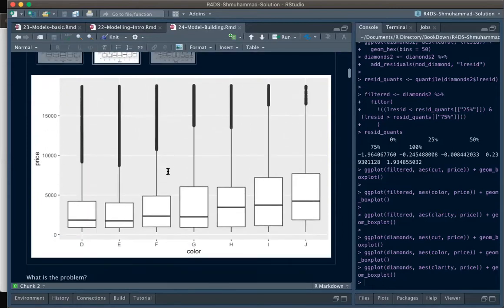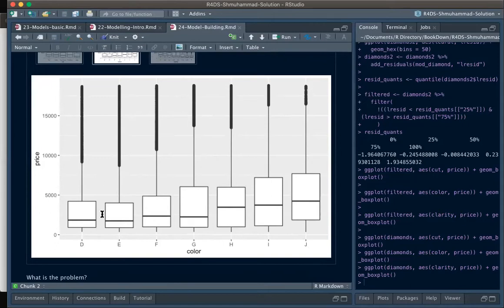We can also look at this one, the color. So the bad color is J, and the color is decreasing in quality. This is the best color, this is the bad color. Look at the prices, and we can see that the J with bad color, the price is higher, right?